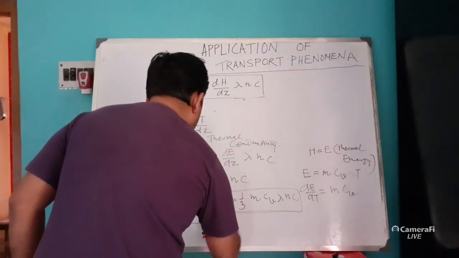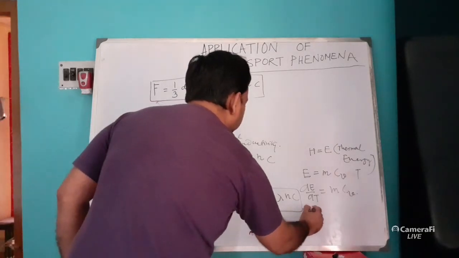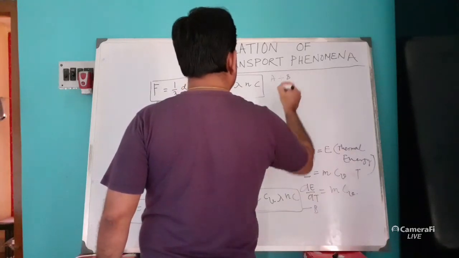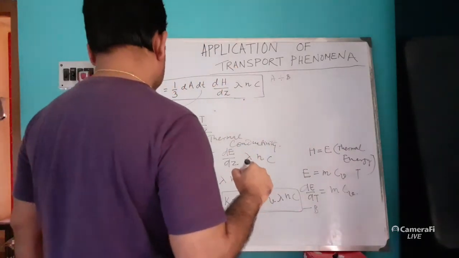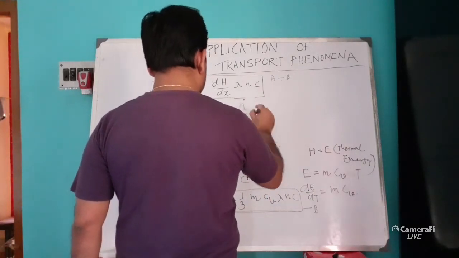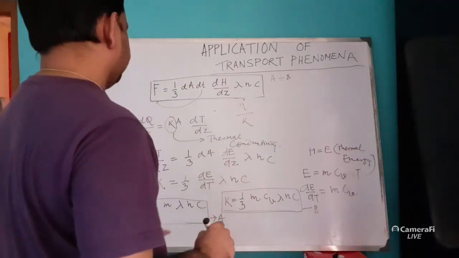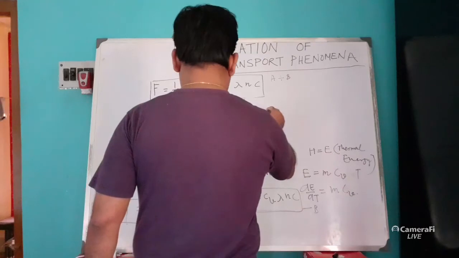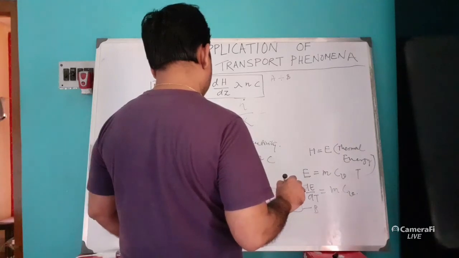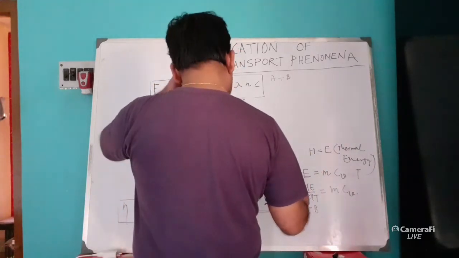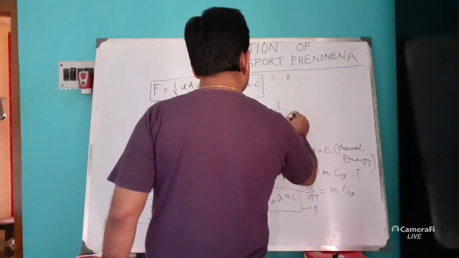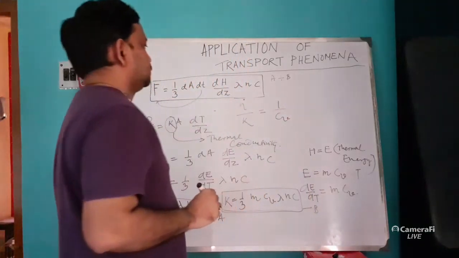So this is A and suppose this is B. So A divided by B. That means we have K by eta, thermal conductivity by coefficient of viscosity, is equal to 1/3 m n lambda c all there, and what we have extra over here is Cv.